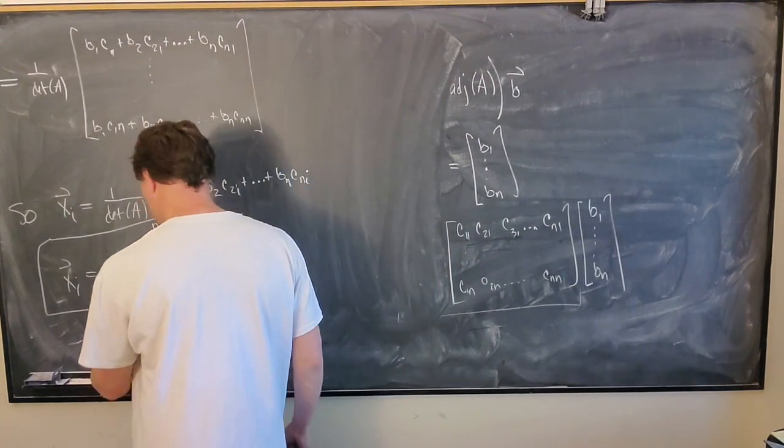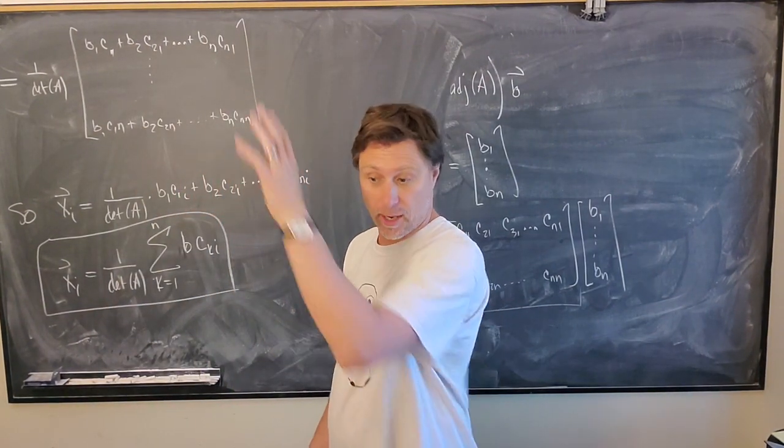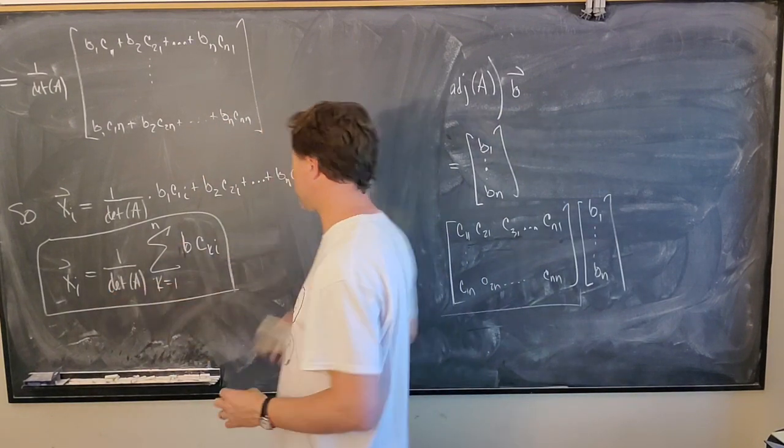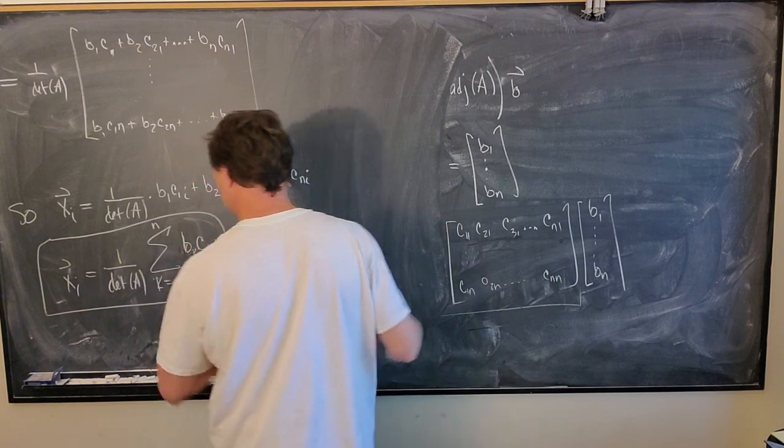Okay, so that tells us who the entries to our solution X are, right? X is a column vector, and this tells us what the entries are. And that should say B sub k right there.